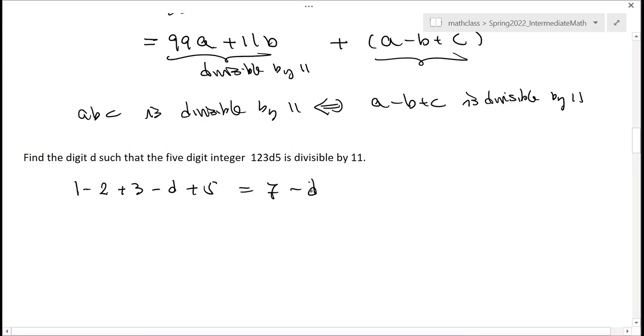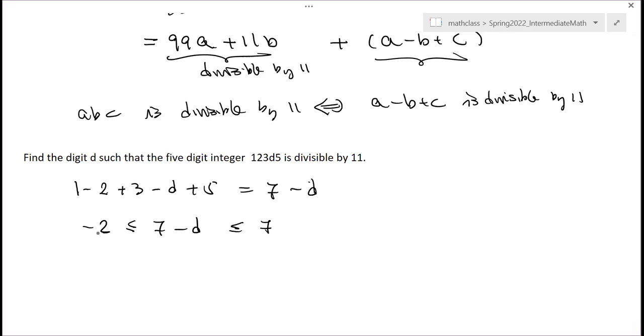Now, do we have many solutions or not? Just only one solution. Let's look at the range. This is always less than or equal to 7, but the largest possible value for d is 9, so 7 minus 9 is -2. So 7 minus d is always between -2 and 7.